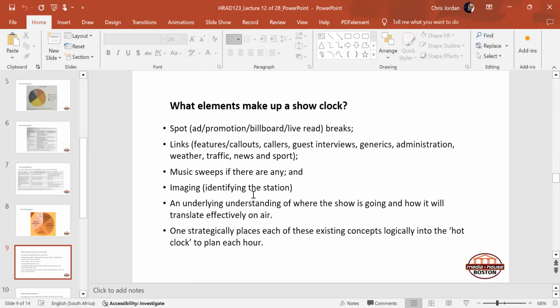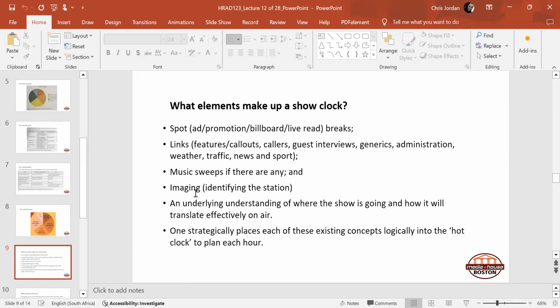Imaging, so identifying the station: the IDs, the stings, the jingles, etc. So it says you're listening to BMH Radio, whatever it is. What was the other one? Sia Jaiba. We're making some taglines and strap lines for the third years.